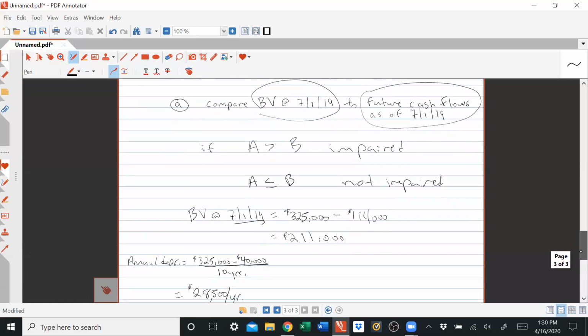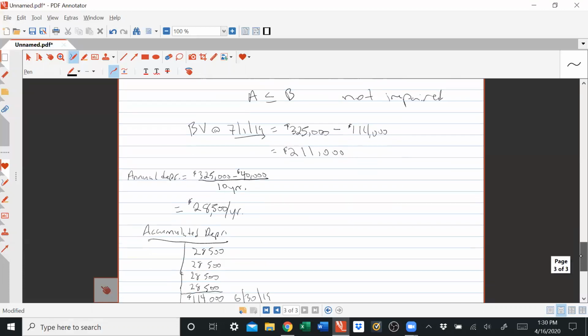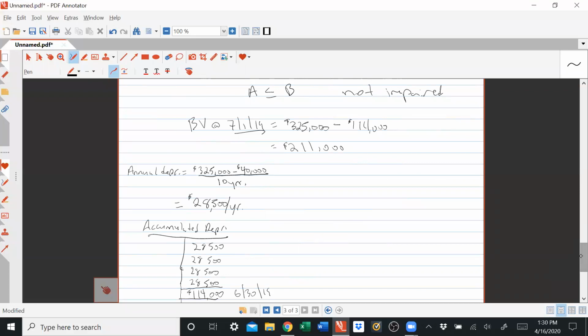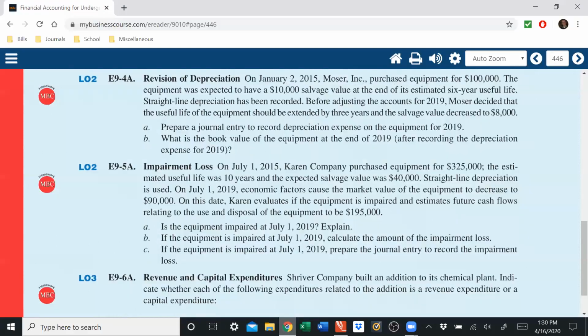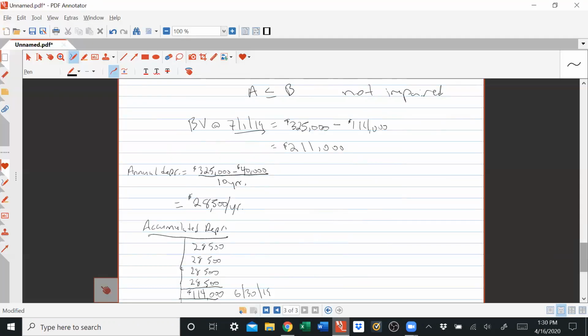B, what's our future cash flows we're expecting to get out of this piece of equipment over the rest of its useful life, which would be how many years? 6 years. So we've used it 4 and we have 6 left. It told us in the problem that our estimated cash flows are 195,000. So we just compare that to 195,000.